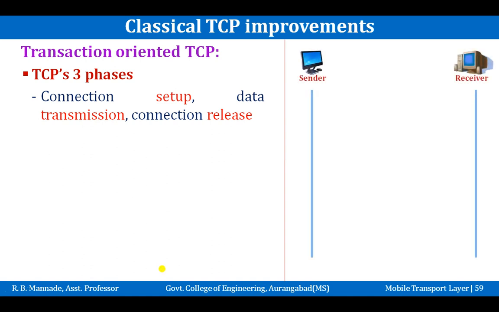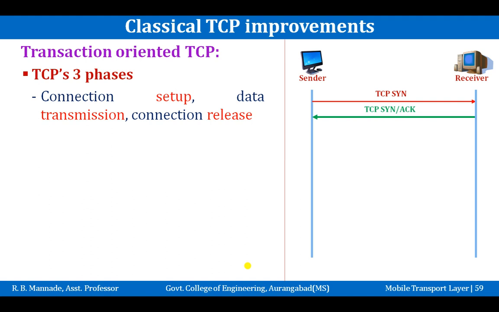Suppose these are the sender and receiver. First of all, the sender sends TCP SYN to the receiver. Try to understand that each request needs one packet. For connection establishment, the sender sends a TCP SYN packet to the receiver, and in response the receiver sends back a request called TCP SYN acknowledgement.